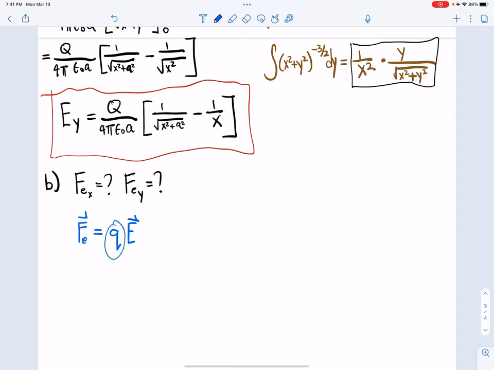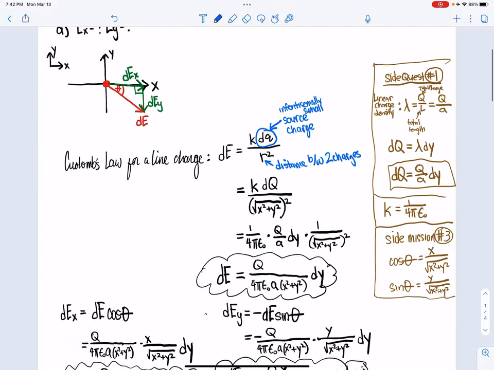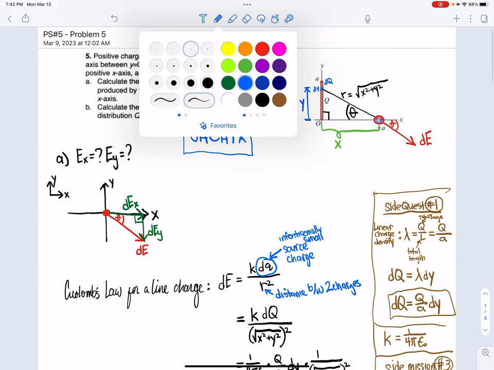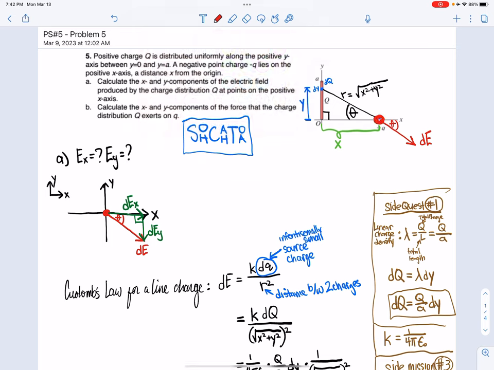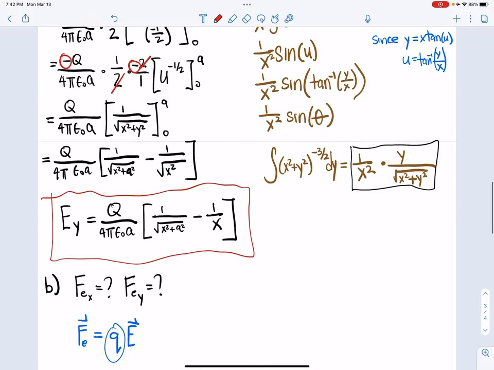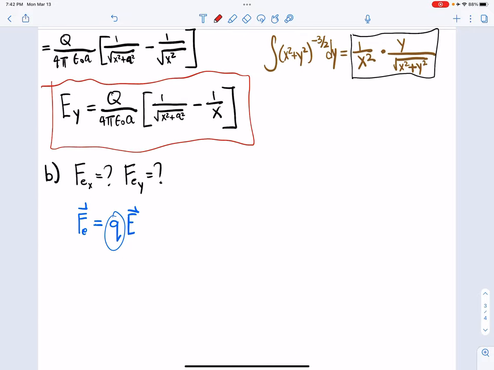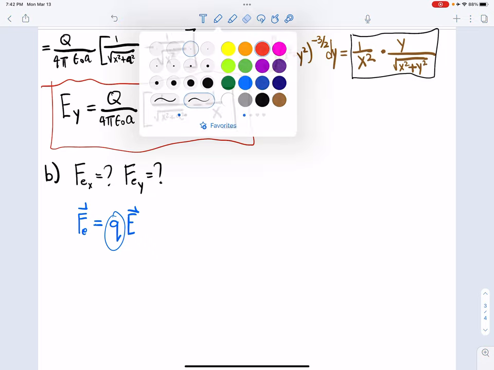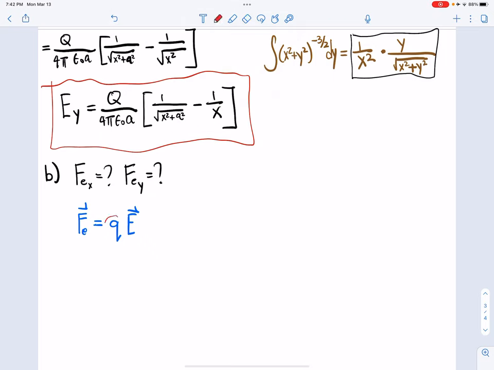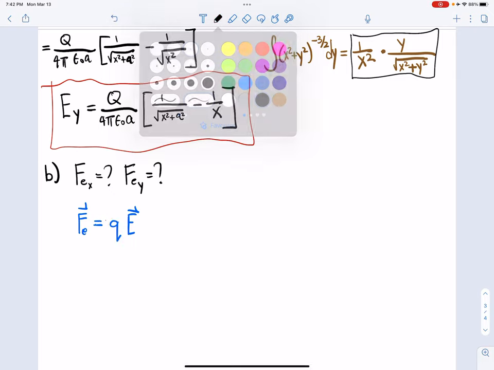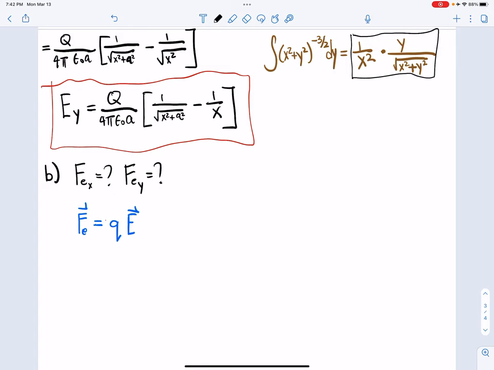And this charge is whatever the charge is from the point that we are at, or in this case, this guy. And remember, it has a negative q charge. So that's going to be easy because we've already calculated in part A the electric field. So now all we need to do is multiply it by this negative point charge that was given in our problem, right? The problem stated that the point charge is negative q.